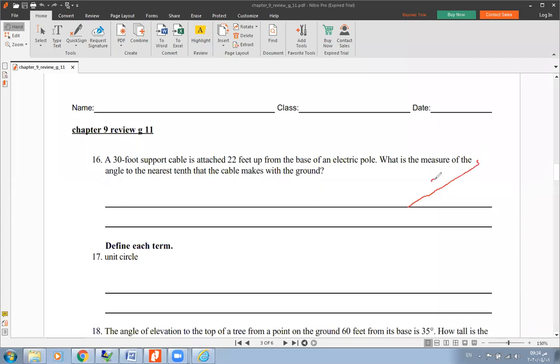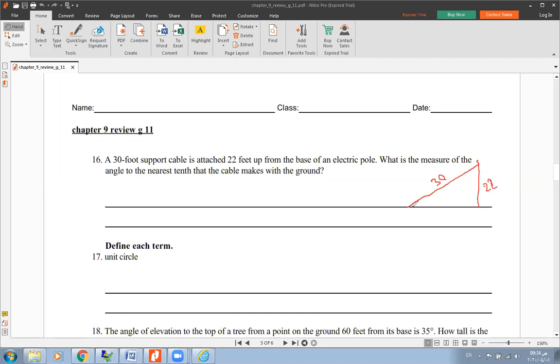So we have here the hypotenuse 30 feet. The cable is attached 22 feet up from the base. It means the height. So the height here is 22 feet, and I need to find the angle.